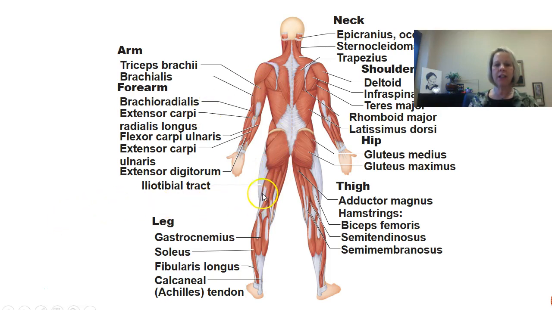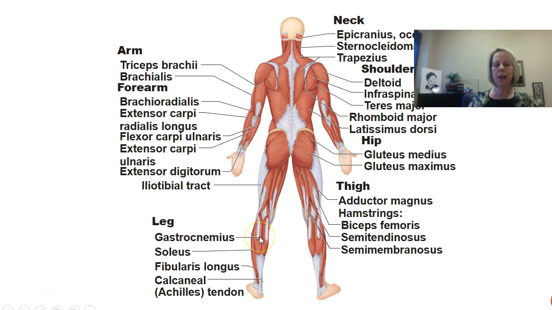And we're looking here at the hamstring muscles, and one of those hamstrings you want to know is the biceps femoris, which goes out laterally on the side of the leg. And also below that, inferior to that, is the gastrocnemius muscle and also the soleus muscle. And both of those help to dorsiflex or lift up the heel.